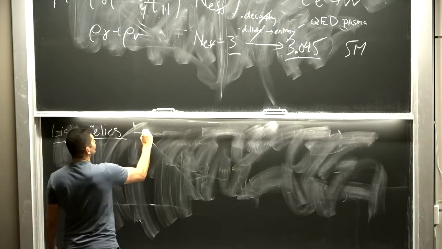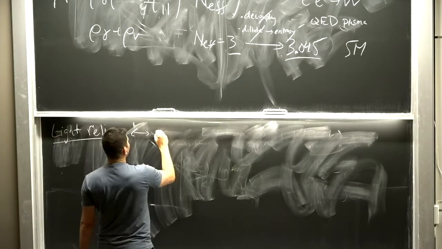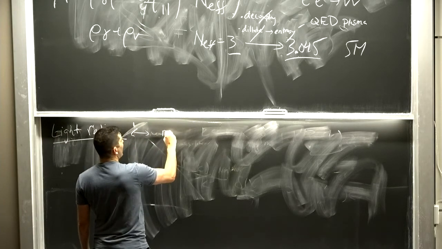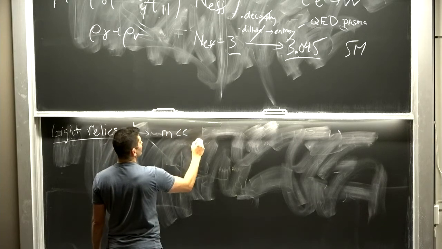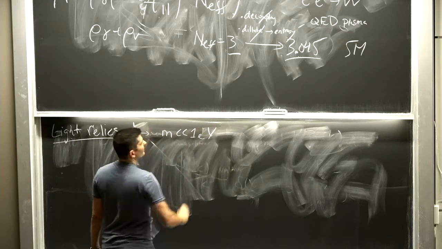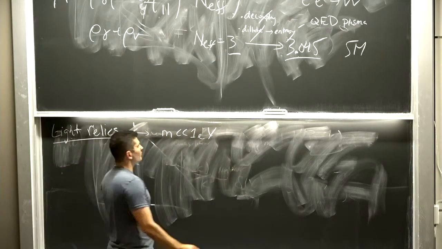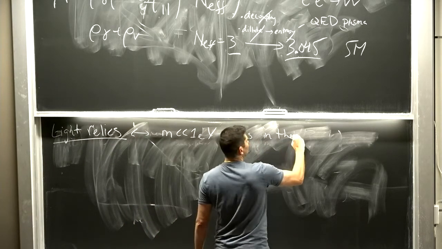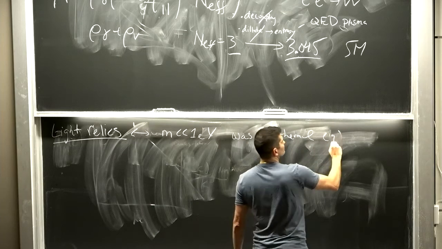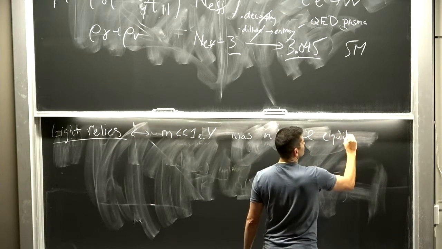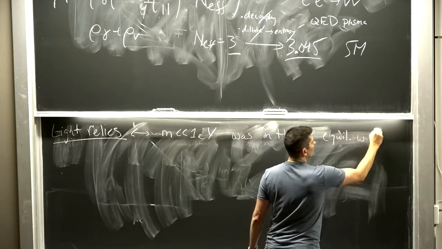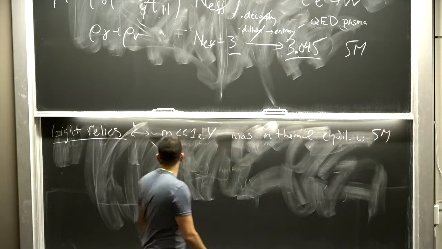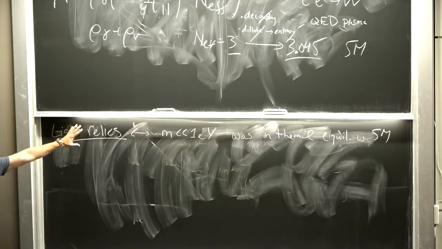Light relics is just shorthand for a particle with mass that's, let's say, much less than an eV and was in thermal equilibrium. I'll just use that as a generic term.